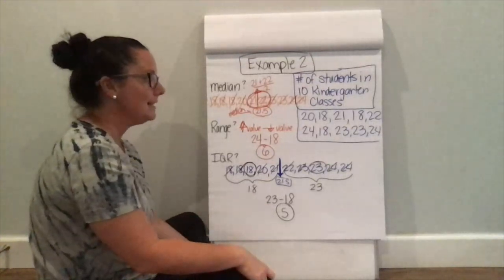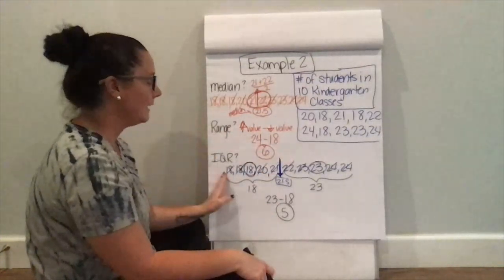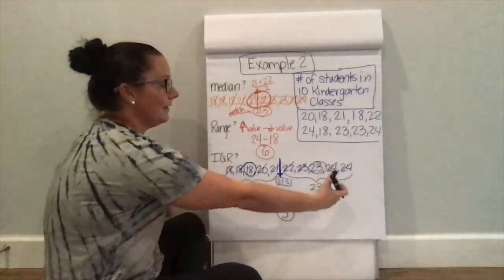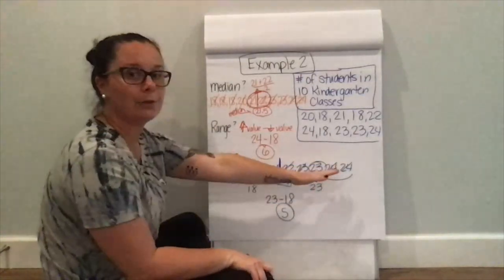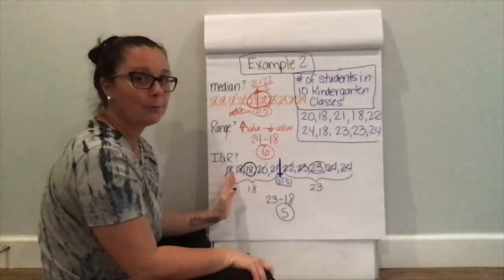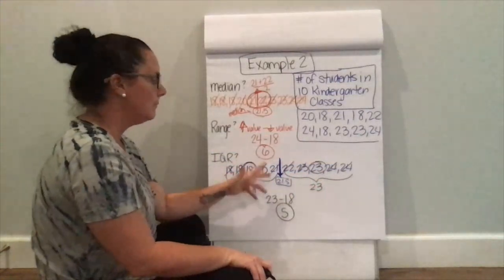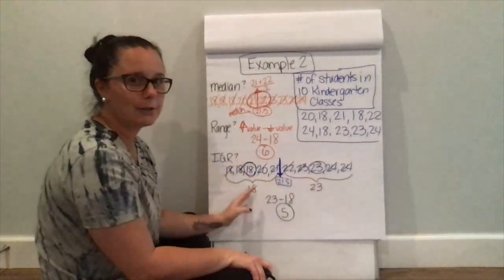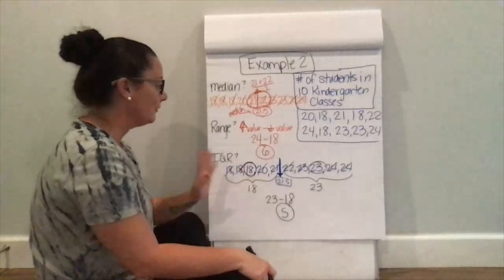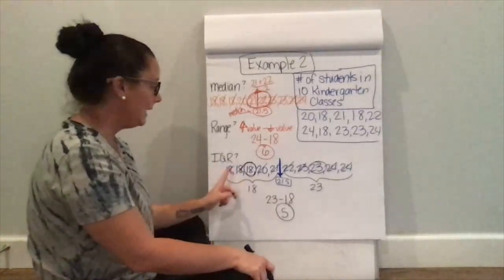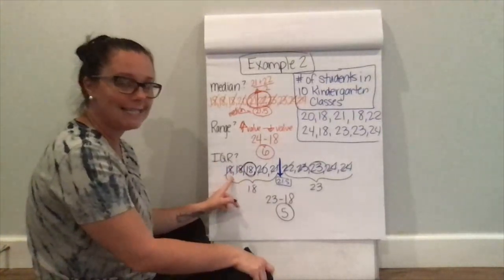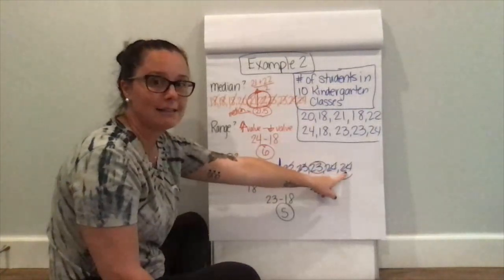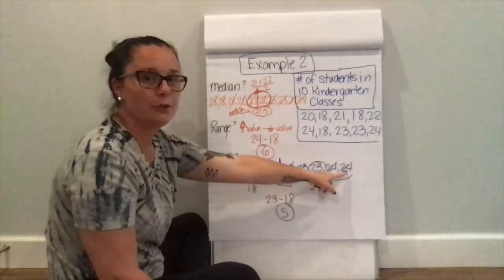So in this example, when you look at our data, in terms of the variability of the data from 18 to 24 students, the range obviously was 6, but if you notice, there were no true outliers. We didn't have one class that only had 5 students or anybody that was significantly less than 18. We also did not have a class that was significantly more than the 24.